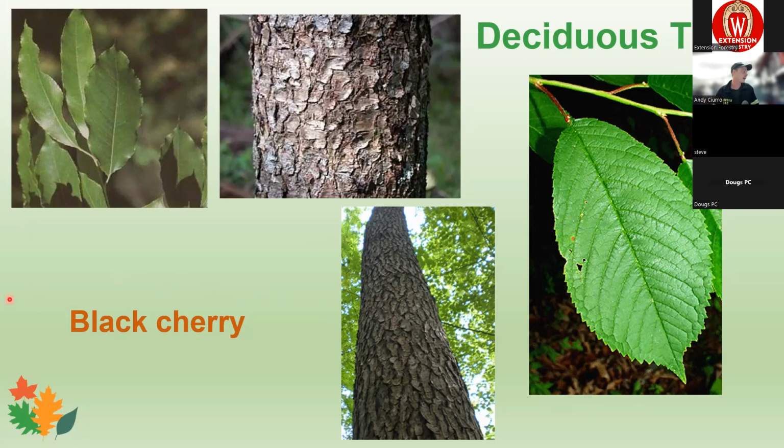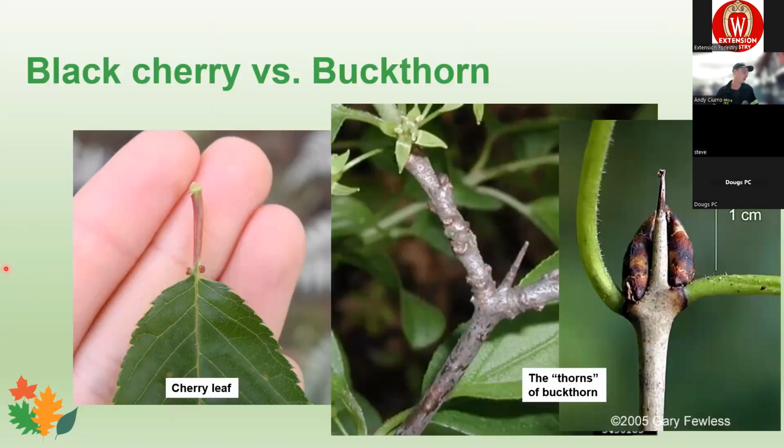So we just worked through the key for black cherry, and that's a good example that takes you through all the different choices you have to make to identify trees using this key. And just real quick, another trick for cherry is that every cherry species, even your wild plum, so anything in the Prunus genus, is going to have glands at the base of the leaf.